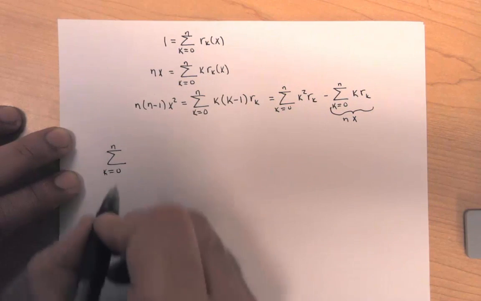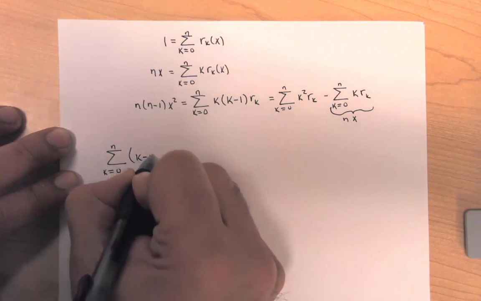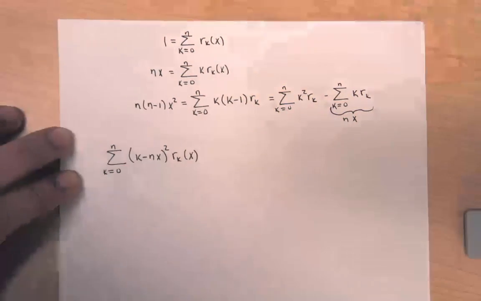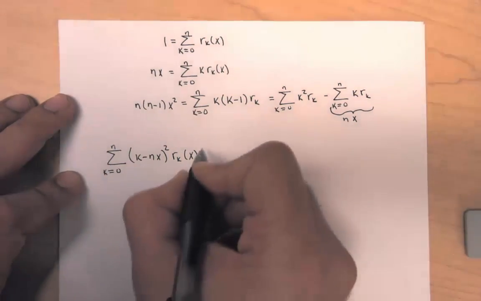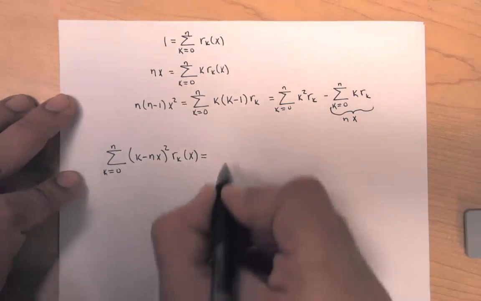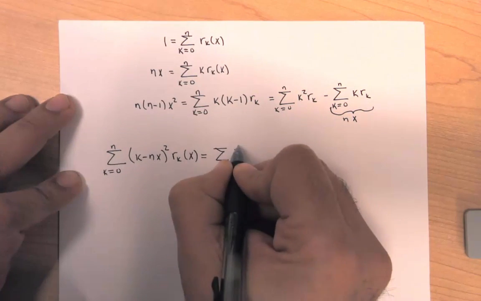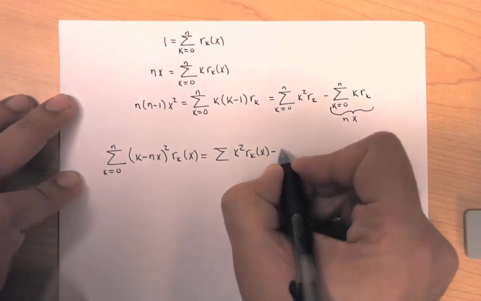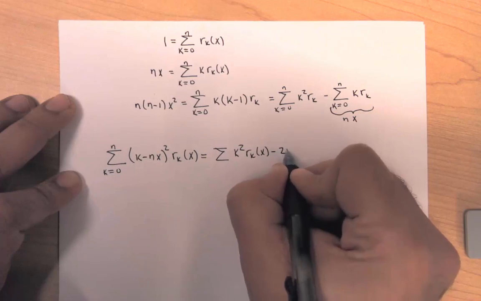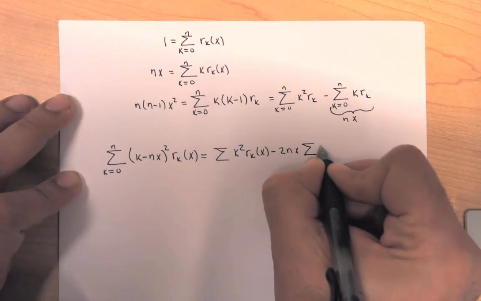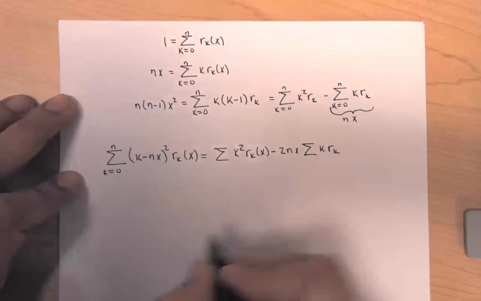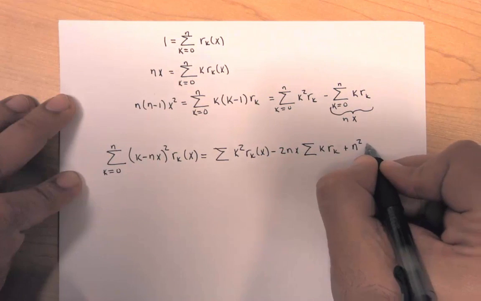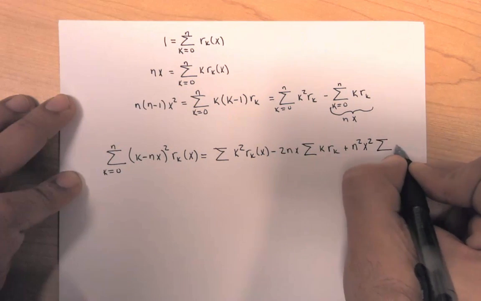If I sum from k equals 0 to n of (k minus nx) squared rk of x, well, that equals the sum of k squared rk minus 2nx times the sum of k rk plus n squared x squared times the sum of rk.